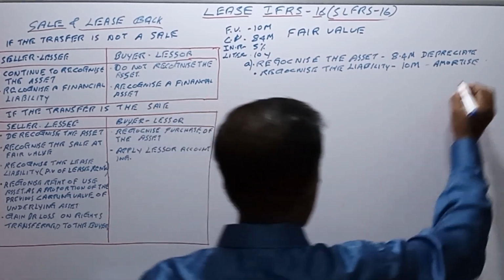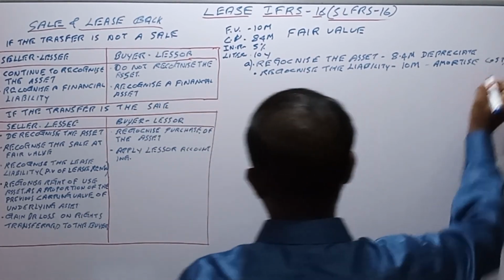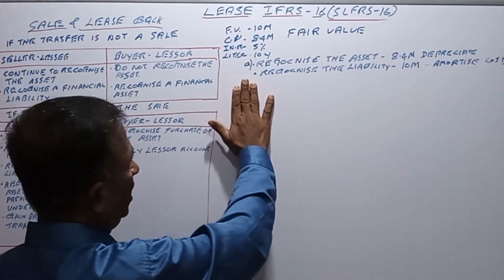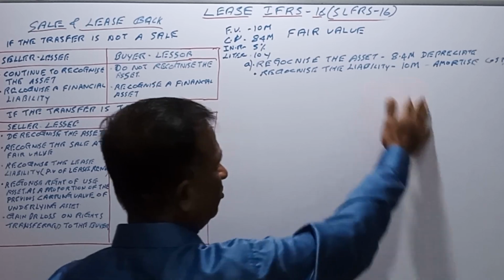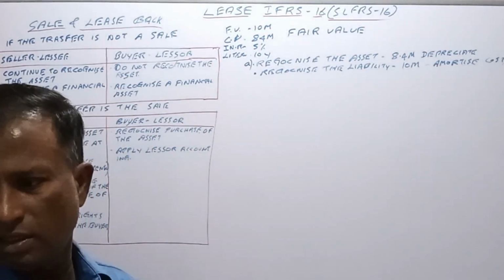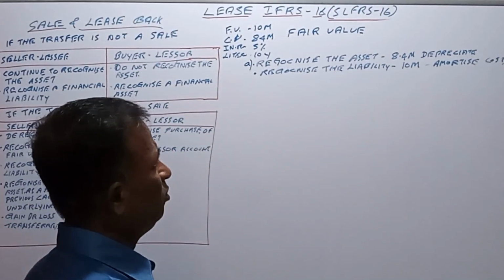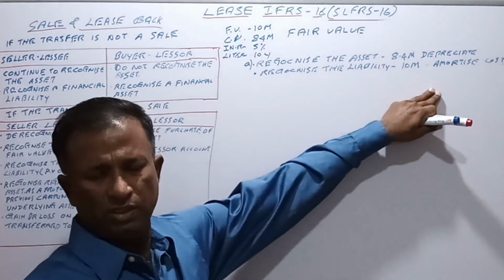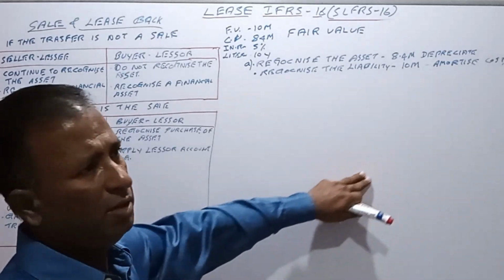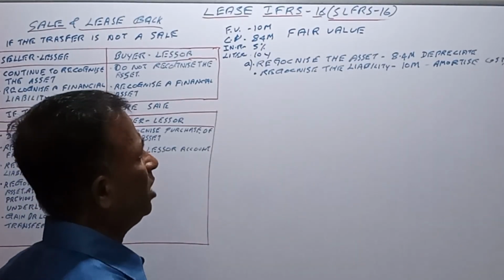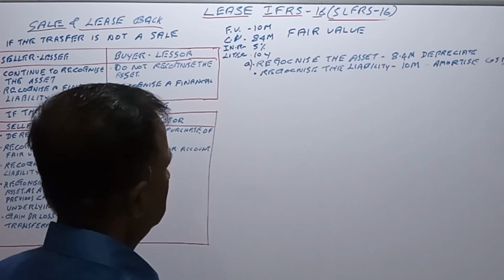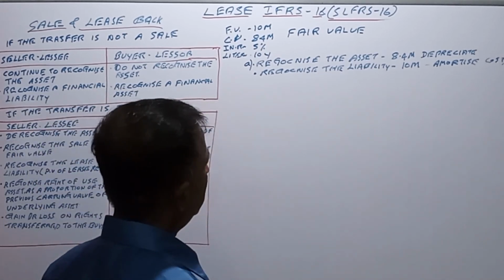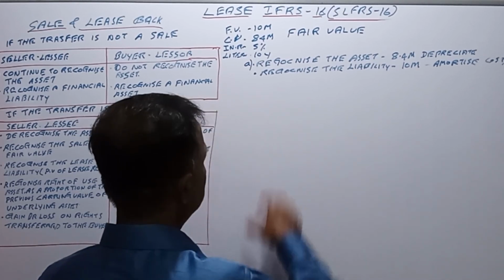So in A, recognize the asset of 8.4 million and depreciate based on the 8.4 million. Recognize the liability as 10 million and amortize the cost.